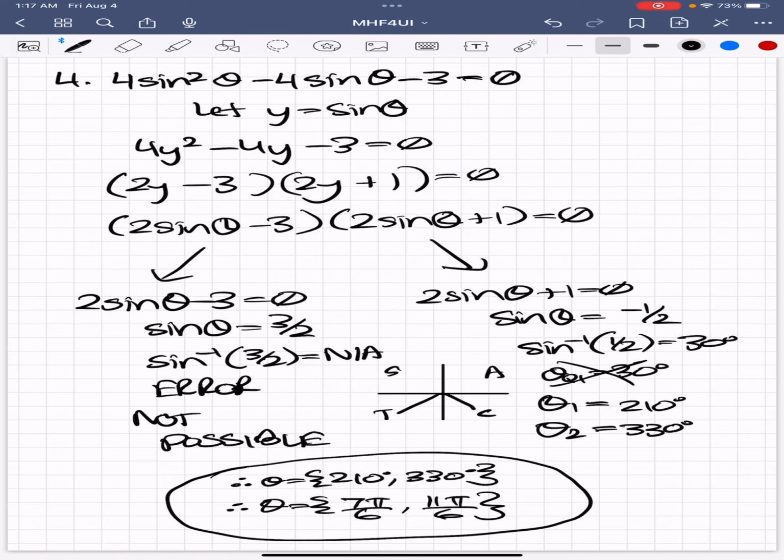Okay, so there's our answers in degrees and our answers in exact values or radians.